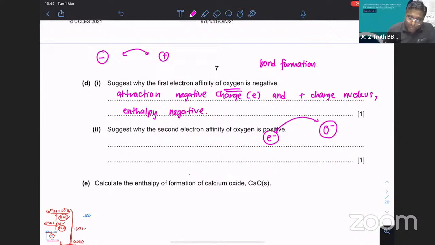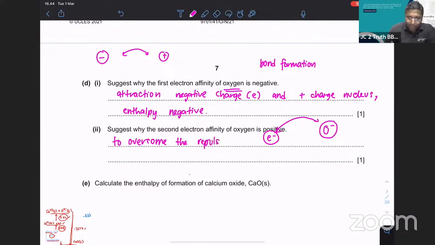They are going to repel. But you still want to bring the electron over there, so you need to provide energy to overcome the forces of repulsion. Therefore, the enthalpy is going to be positive, to overcome the repulsion.